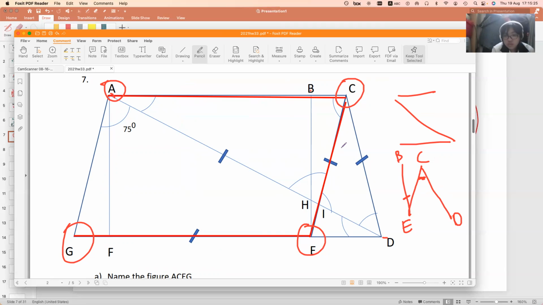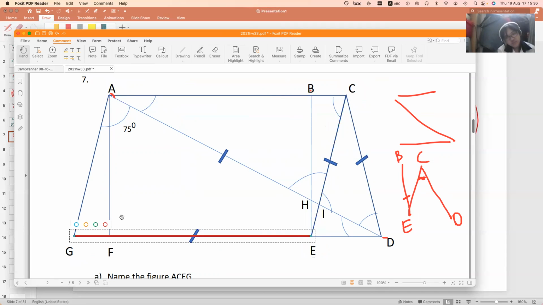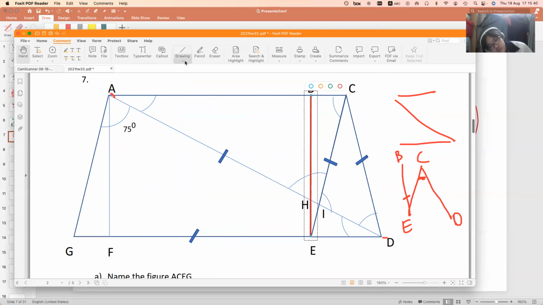Can you see why it's not alternate? This is BE, yes. But this is not alternate. What's the reason?